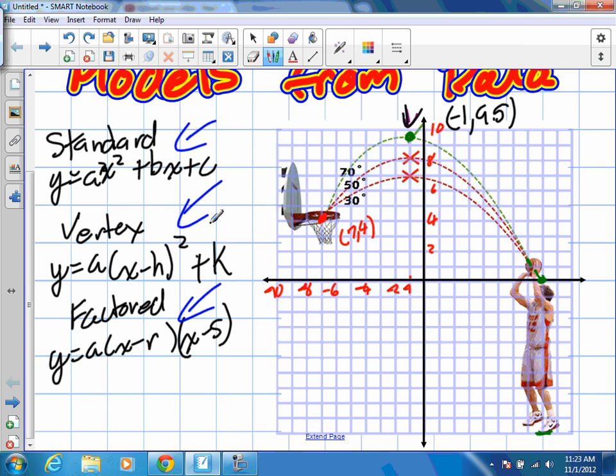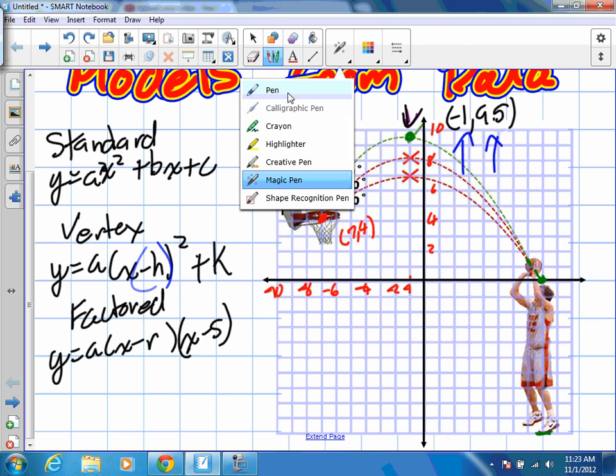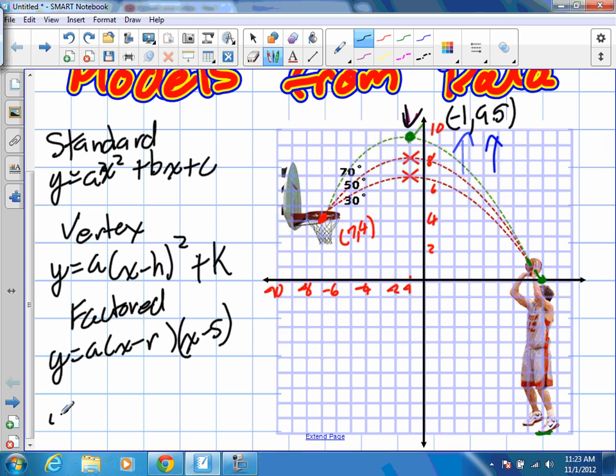Obviously, vertex form. The h and the k are our x and y values. What will my h be if the x value of the vertex is -1? +1. And what will the k value be? +9.5. So, we have y is equal to a(x plus 1) squared plus 9.5.